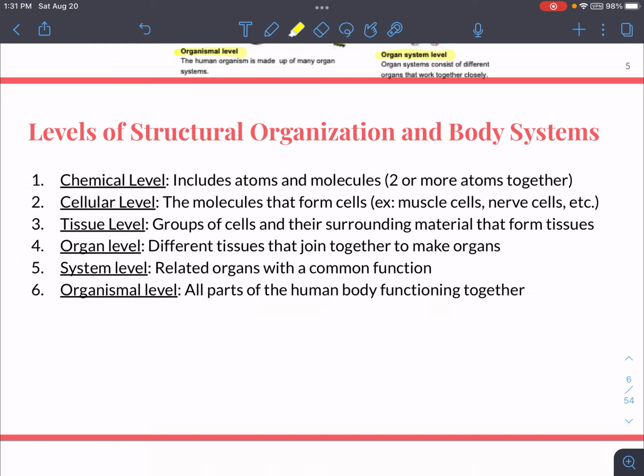We have our system level, which we looked at on the previous slide of the entire cardiovascular system, which is the heart, arteries, and the veins in your body. Then we have the organismal level, which is the human being, the human body. How does it function? How do all the organs function together to let you make it through each individual day?